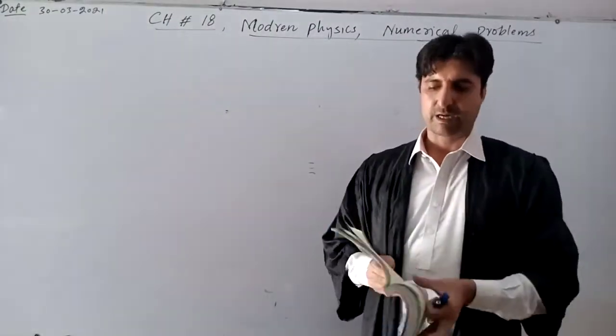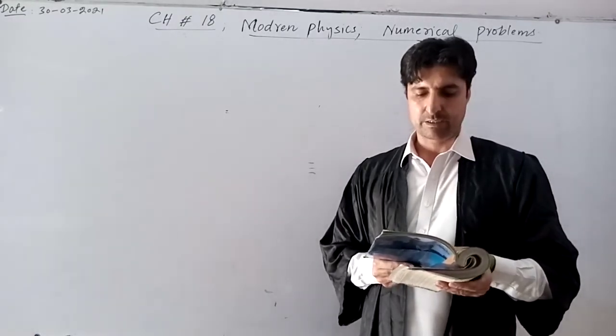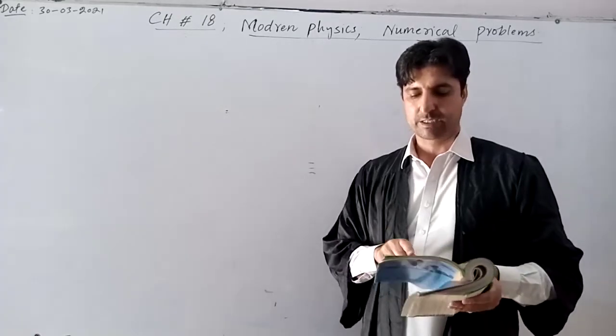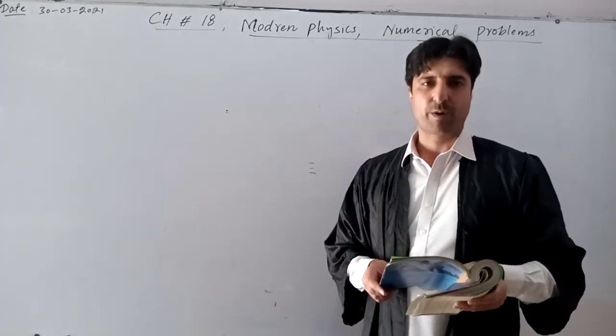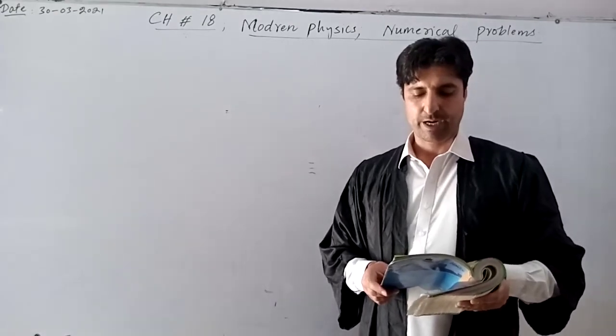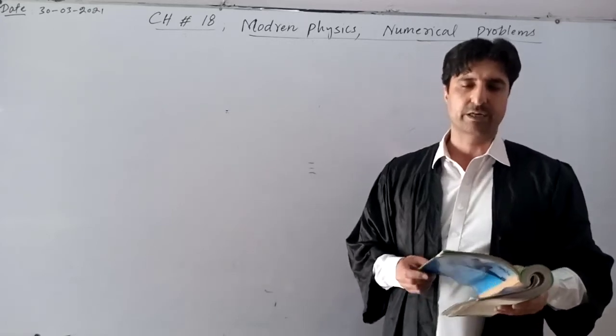In question number 3, it is stated that an electron which has a mass 9.11 multiplied 10 power minus 31 kg moves with a speed of 0.75 c. Find its relativistic momentum and compare this value with the momentum calculated from the classical expression.